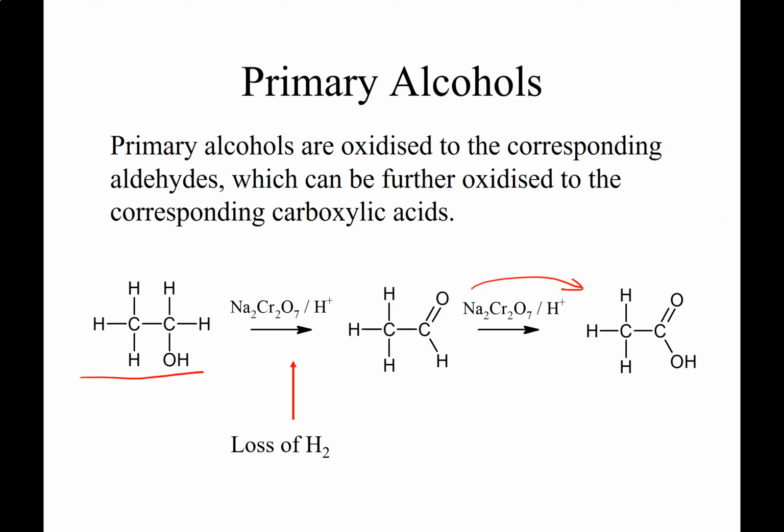Okay, that also happens in the presence of hydrogen gas. And over the course of this, sodium dichromate is an orange colour because chromium has an oxidation number of +6.